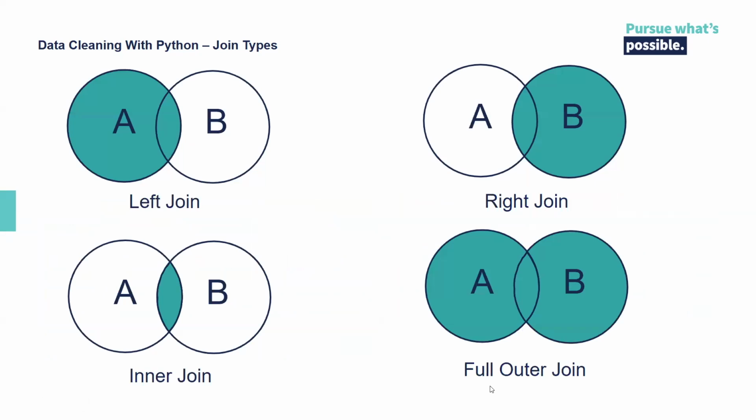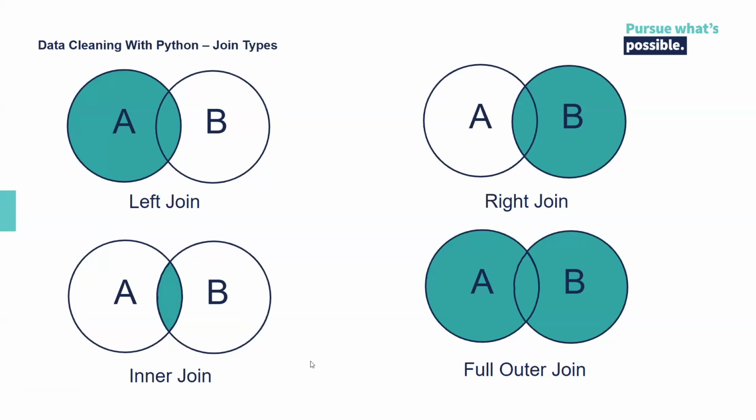So there are four major join types here. We have a left join, which will give you all of the records from table A and only the records from table B that match based on your join field. The opposite of that is a right join, which gives you all the records from table B and only the records from table A that match based on your join column.